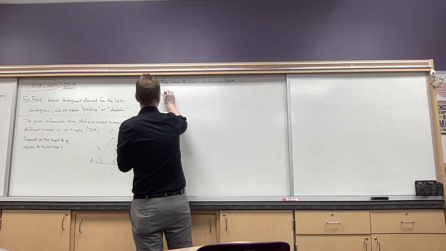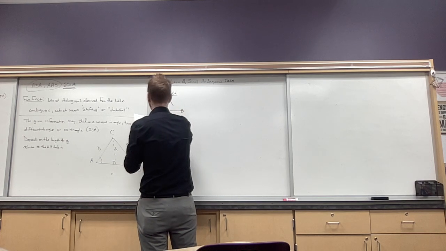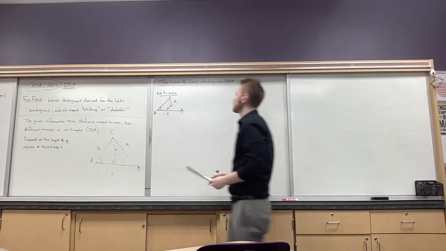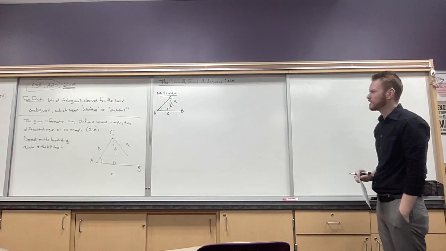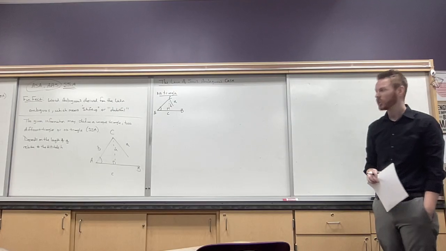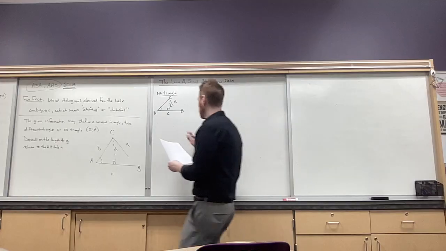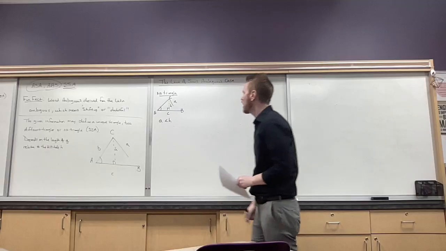The first one, no triangle. You have something like this. There it is, no triangle because, well, side a is just not long enough. It's too short. That's when side a is less than the altitude, just not long enough.